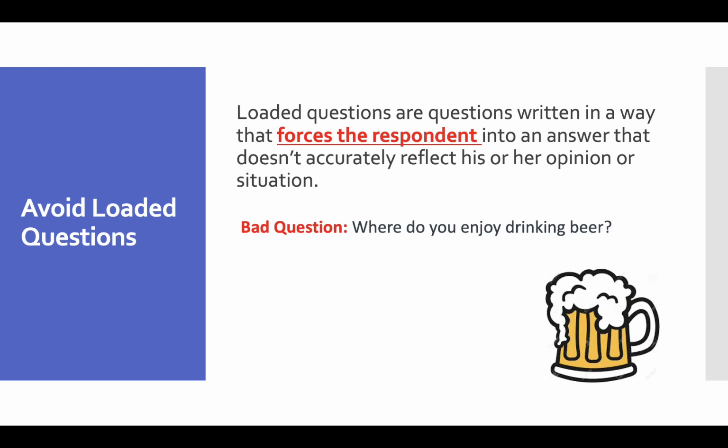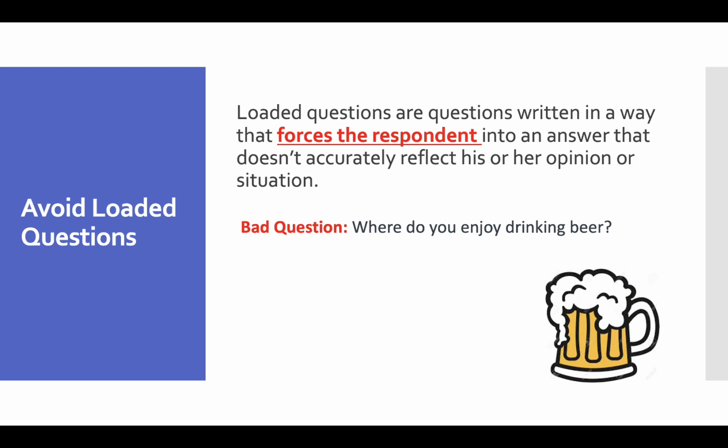Get the point there? All right, next we're going to move on to loaded questions. A loaded question is written in a way that forces the respondent into an answer that doesn't accurately reflect his or her opinion or situation. So a bad question is, where do you enjoy drinking beer? In this case, you are assuming that the person is a beer drinker.